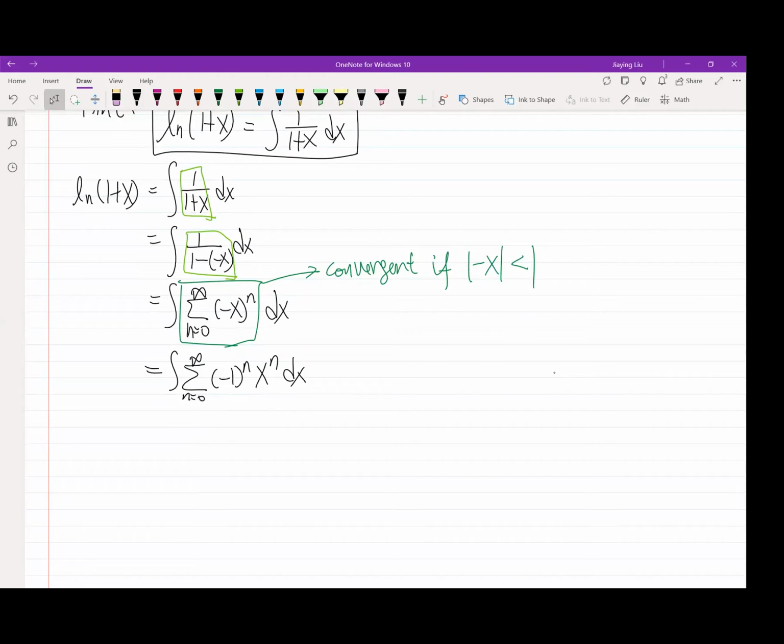All right, could you have switched that earlier? I'm not sure what you meant by switch, which part earlier. So like get it in the x minus a form instead of having it be 1 over 1 minus negative x. I switched it and did 1 over x minus -1 because that's in the x minus a form. No, don't do that, because the reason I'm putting it in this form is because I know that 1 over 1 minus capital X is equal to sigma capital X to the n.